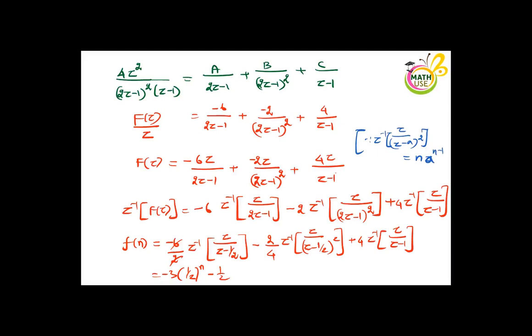By considering this, a value is 1 by 2, so we get n into (1 by 2) the whole power n minus 1. Then the next one is plus 4 into 1 power n. So we get f of n equals 4 minus (1 by 2) the whole power n into (3 plus n).